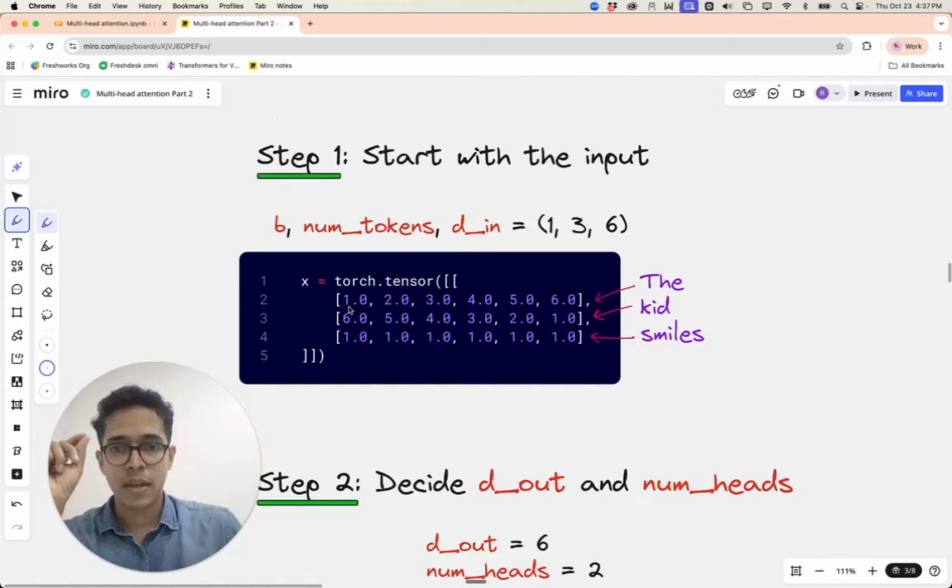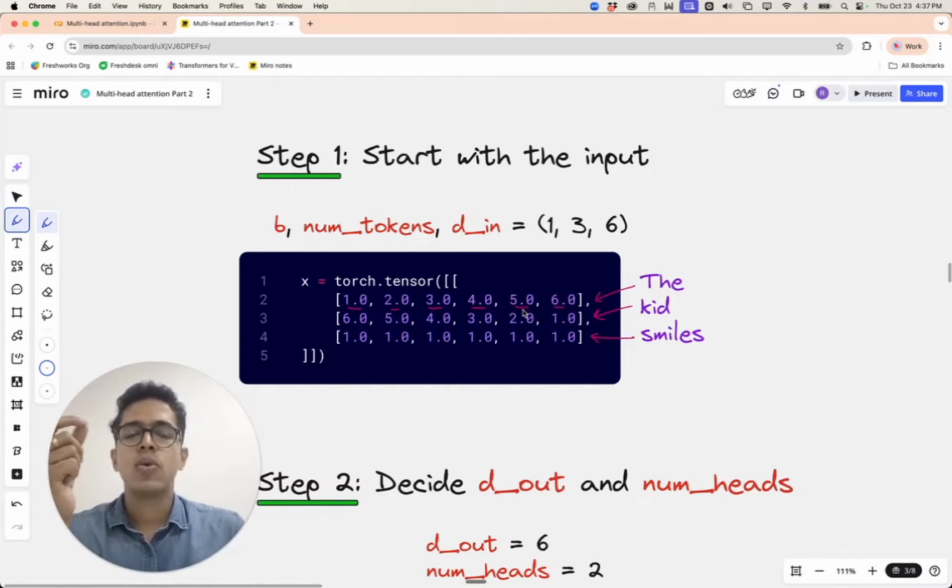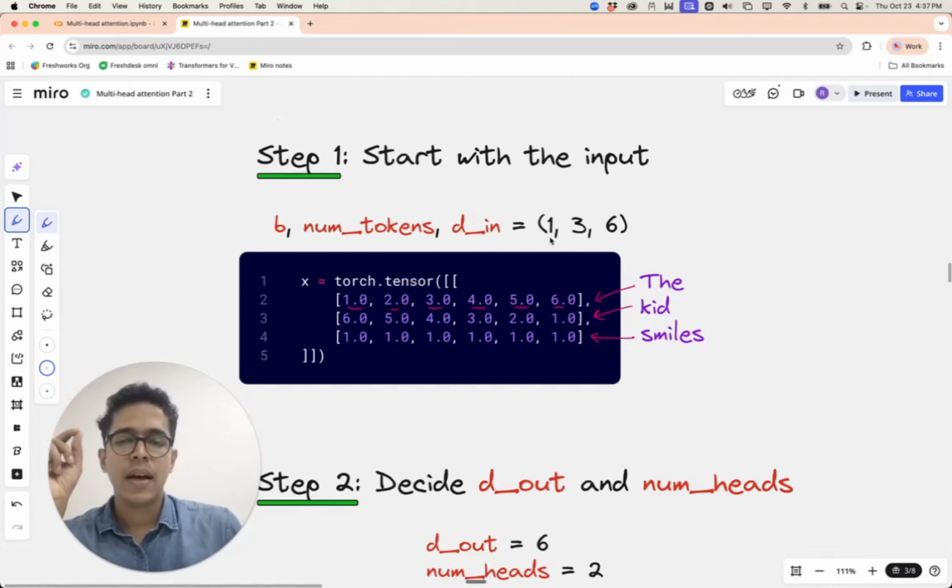It is 6-dimensional. Dimension 1, 2, 3, 4, 5, 6. So we have 3 tokens, each token being 6-dimensional, and our batch size is 1. That is why our dimensionality at the start will be 1, 3, 6. 1 is the batch size, 3 is the number of tokens per batch, 6 is the dimensionality.